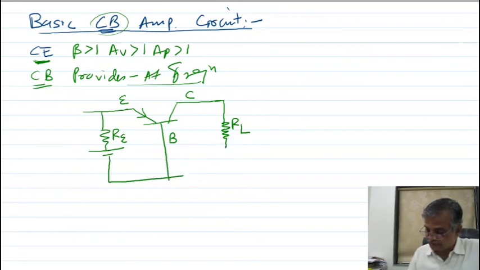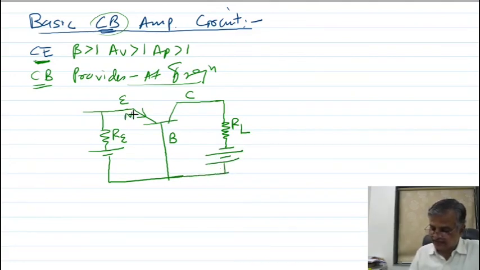This is reverse bias, we know this, so we are connecting like this. This is PNP, sorry, this is PNP, so I am connecting the reverse bias. This is in forward bias.